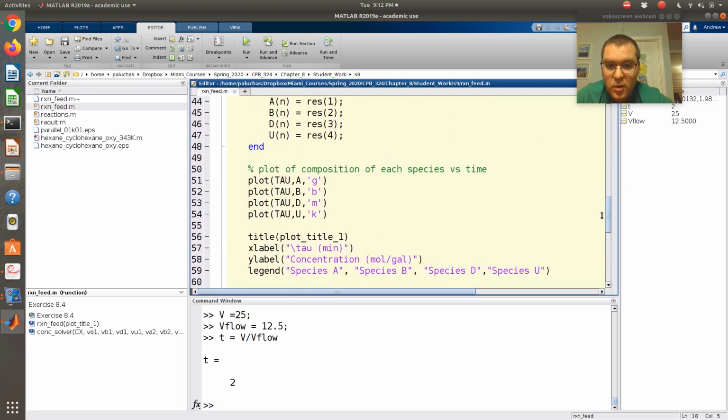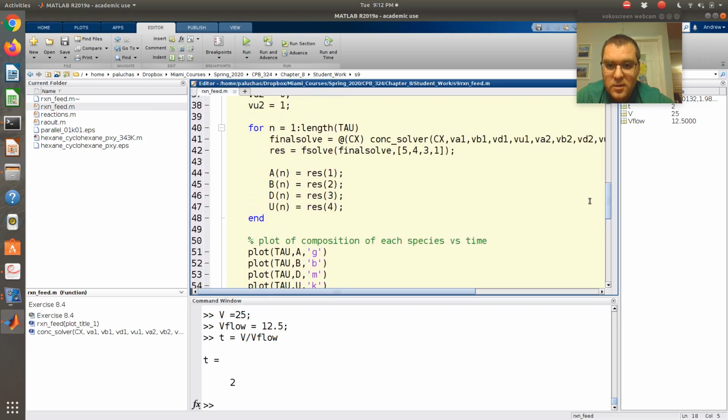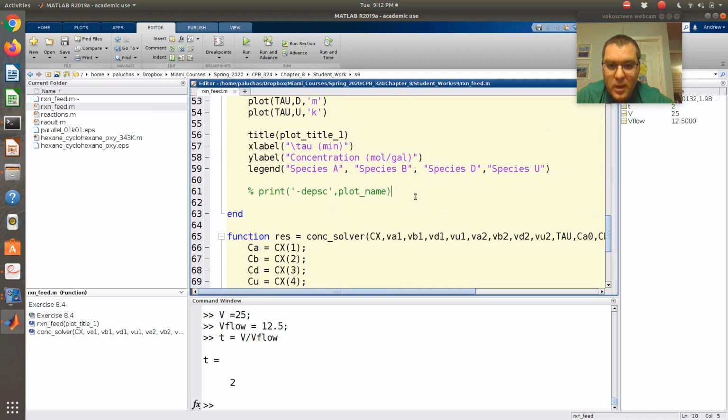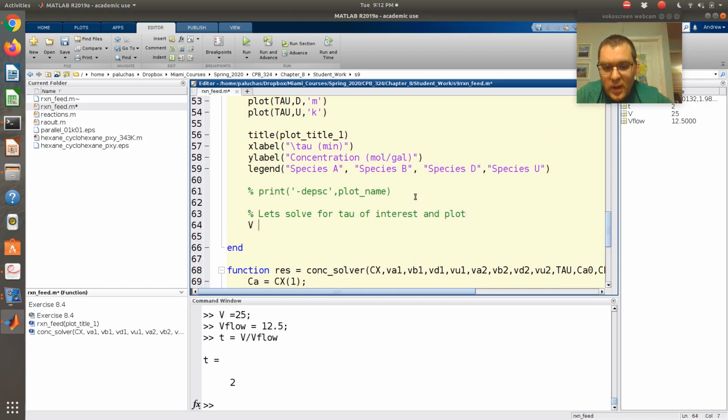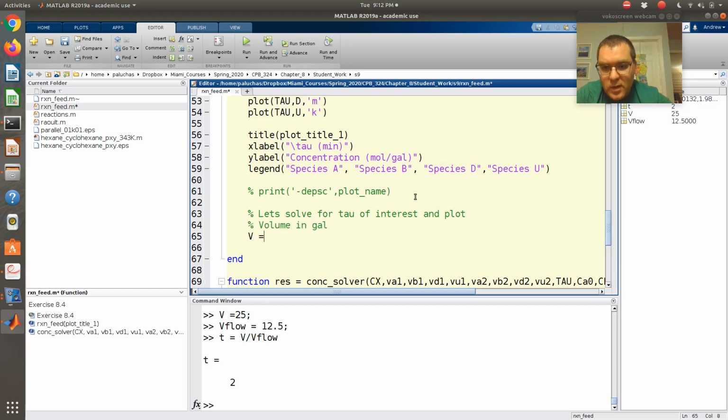So let's create our plot, and then let's solve for tau of interest and plot. We have volume in gallons, so V is 25.